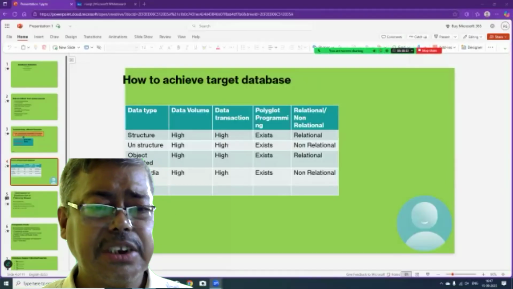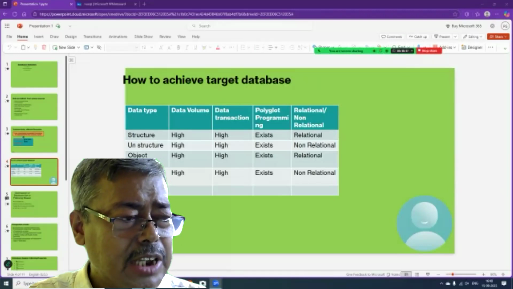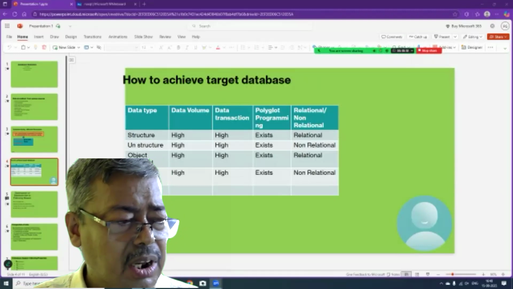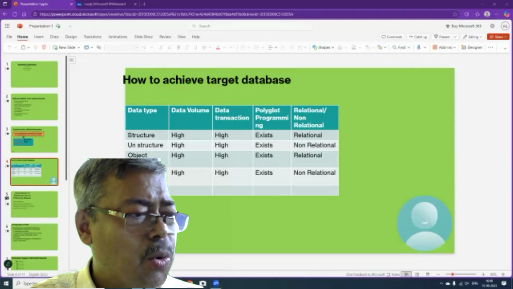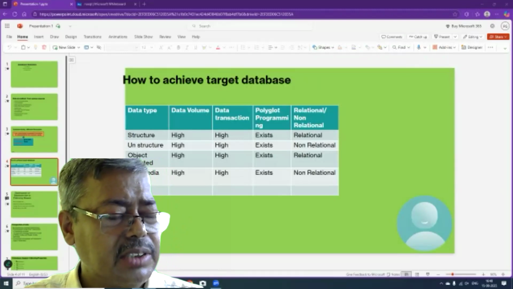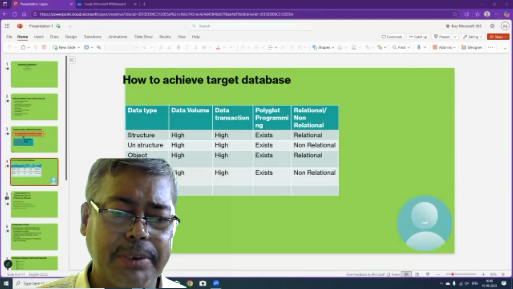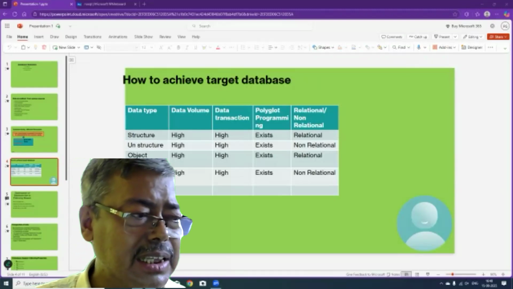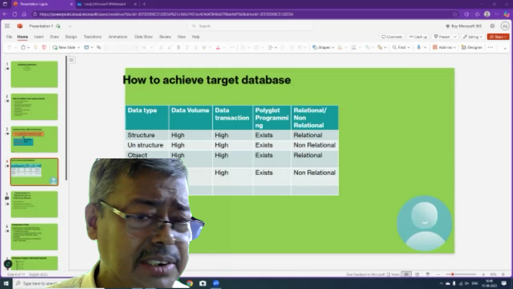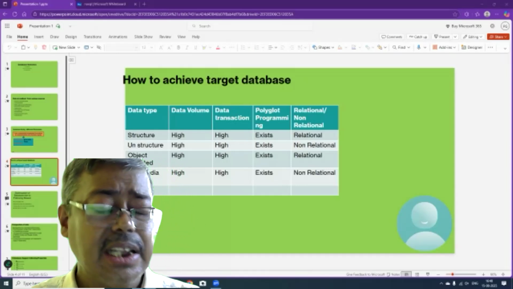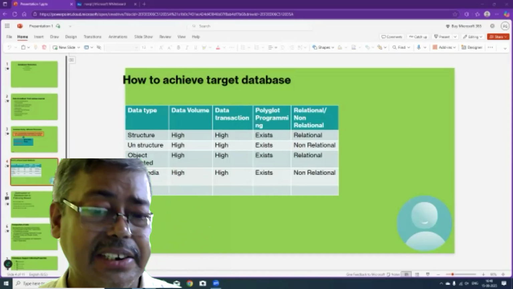So we have our target database. I have divided data into two parts: structured and unstructured. When a database is structured and follows the ACID property, it is the RDBMS sector. When a database is unstructured and does not follow the ACID property, polyglot programming is always kept. Besides ACID, there is another character, the BASE character.